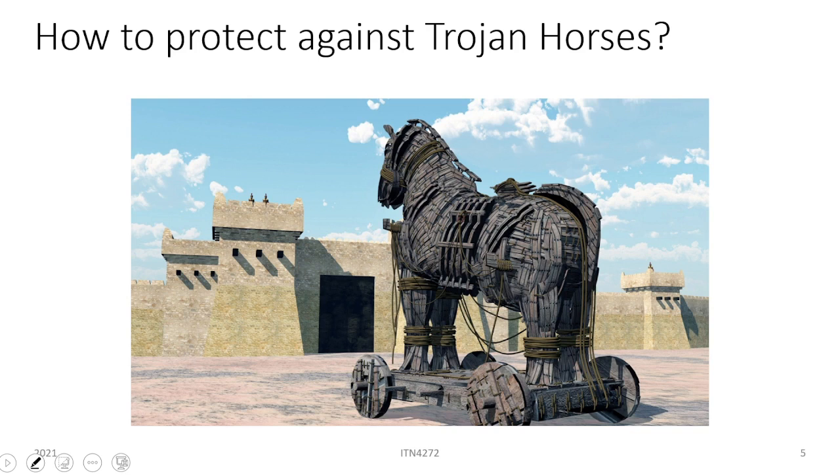So then there's the question of what do we do with Trojan horses? When we think about network security, what is the problem with Trojan horses? Why do we see Trojan horses as a particular challenge in this environment? What is the significance of that?